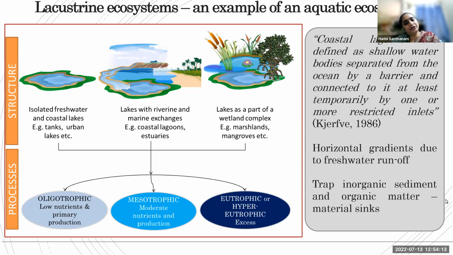And the eutrophic or hypertrophic systems are where there is excess nutrients. We are all aware of the water bodies where it's fully green in color on top. So those are eutrophic systems. There is excess production of algae and excess of nutrients available. Those are known as eutrophic or hypertrophic systems.